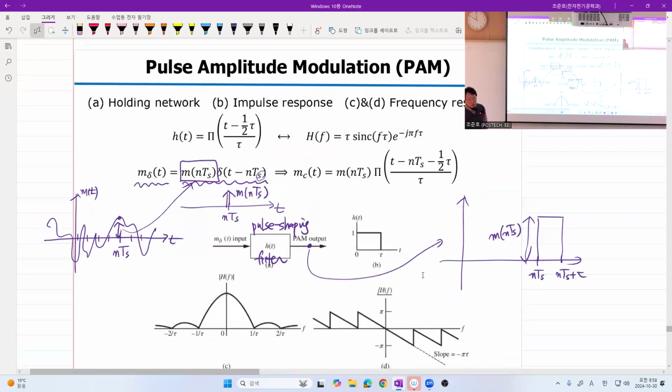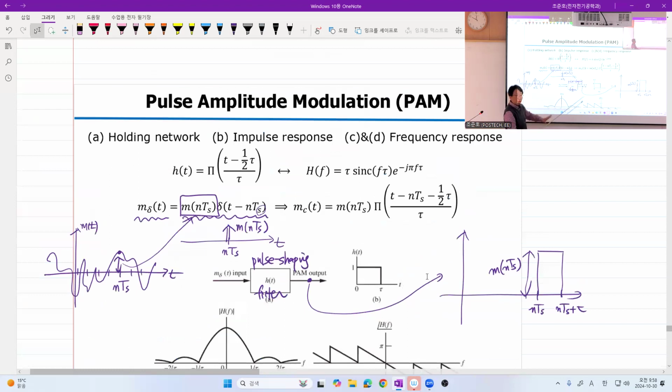Pulse amplitude modulation, as I told you, mathematically speaking, may have different pulse shapes. Sometimes it's a rectangular pulse with duration the same as the sampling interval, sometimes shorter. Sometimes this pulse is a triangular pulse. Sometimes this pulse is Gaussian. Sometimes this pulse is a sinc pulse.